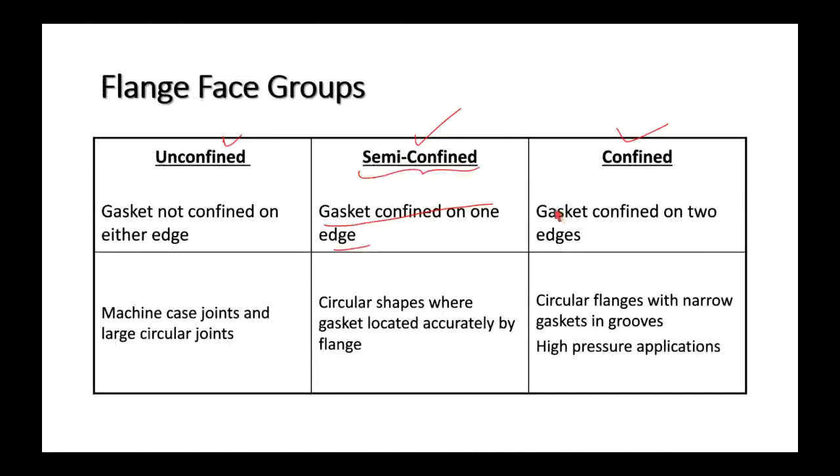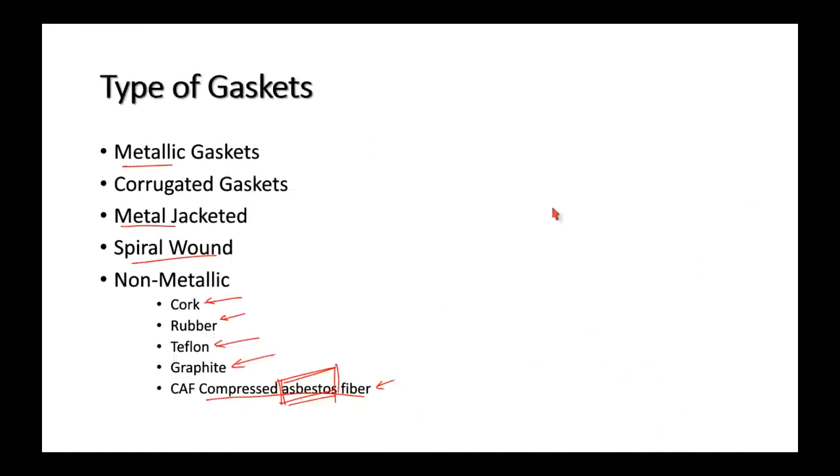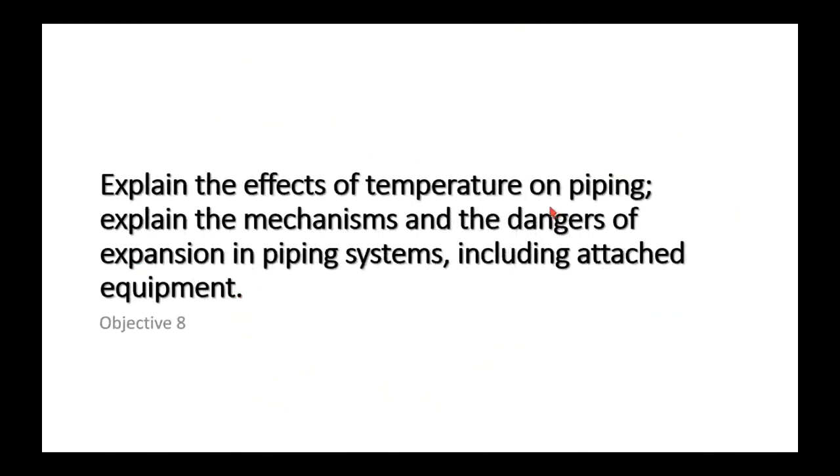Okay, I digressed. Now let's see where we're going to go. We are going to go to the effects of temperature. Oh, okay, I'm going to open this up to the room. You tell me what the effects of temperature on piping are. I'm all ears. Shout it out anytime you want. I can't even see your name.